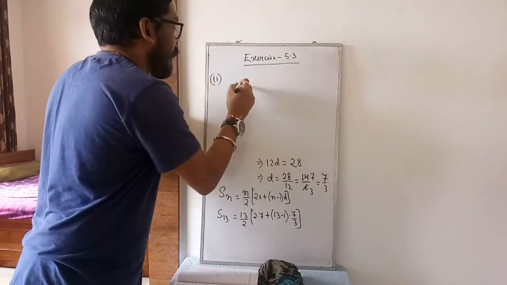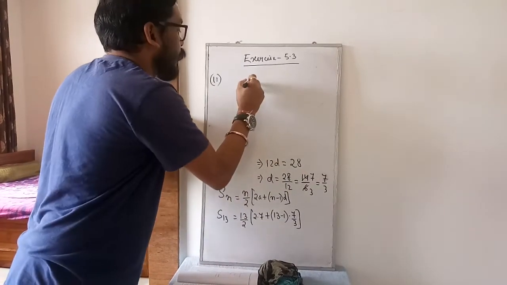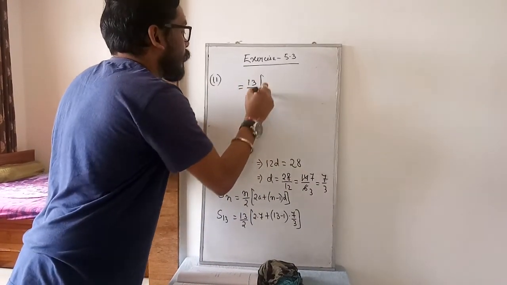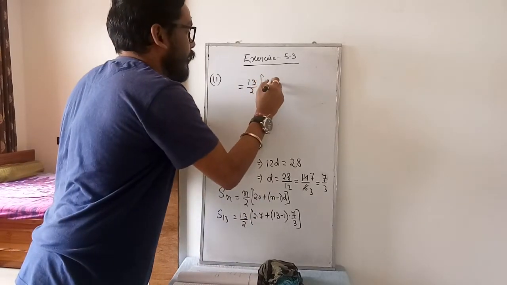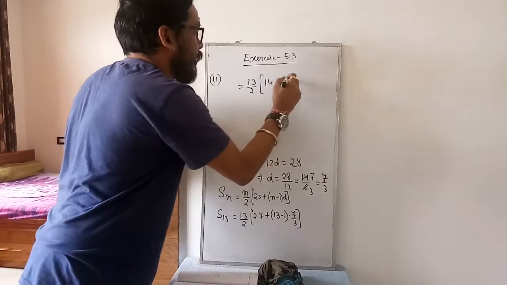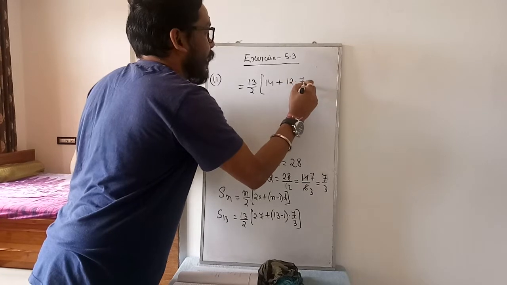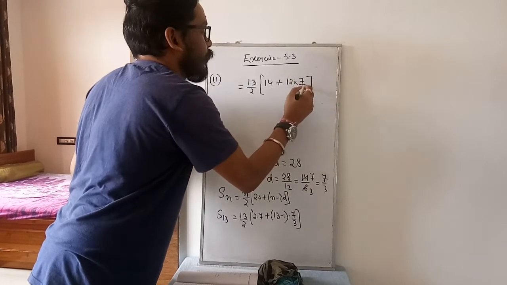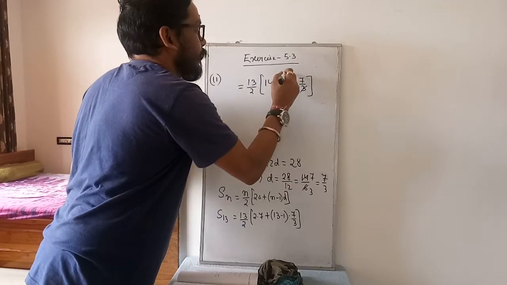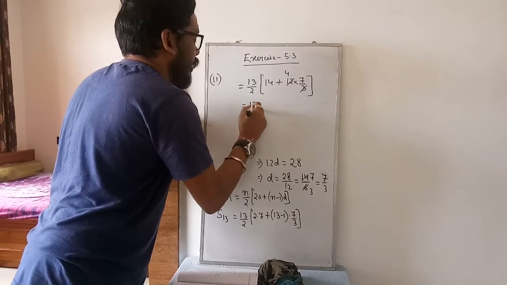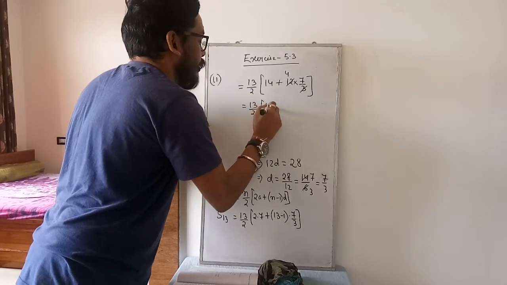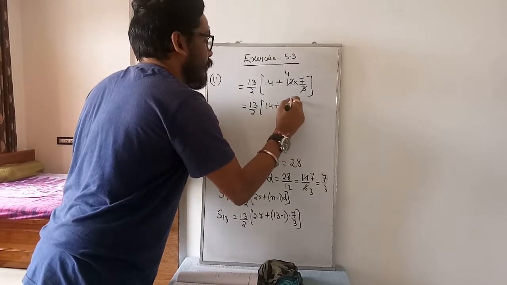So here it is how much? 13 by 2. 2 sevens are 14, plus 13 minus 1, it is 12 into 7 by 3. Let me cancel it, 3 fours are 12. So it is 13 by 2, 14 plus 4 sevens, 28.